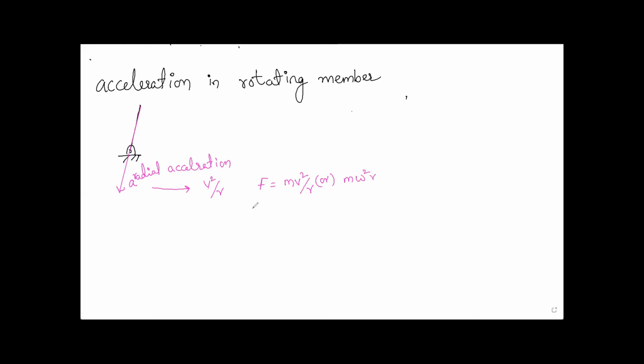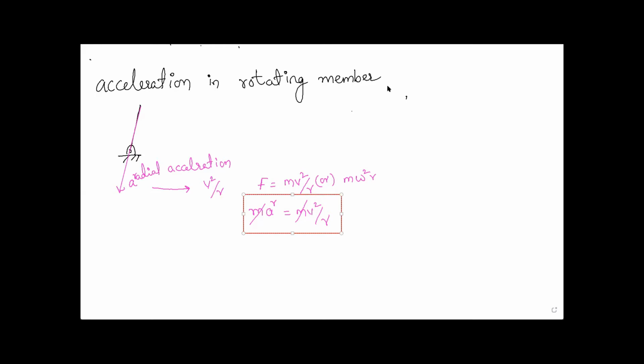What is this F? Force is mass into acceleration, which is radial acceleration, equal to mv square by r. You can cancel out m and you get the radial acceleration formula as v square by r. This is called radial acceleration.